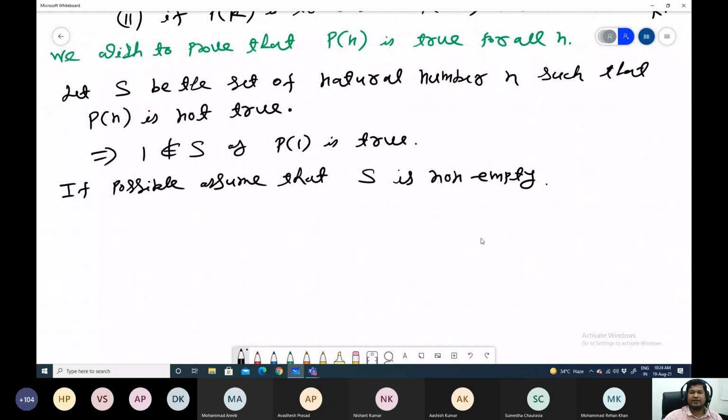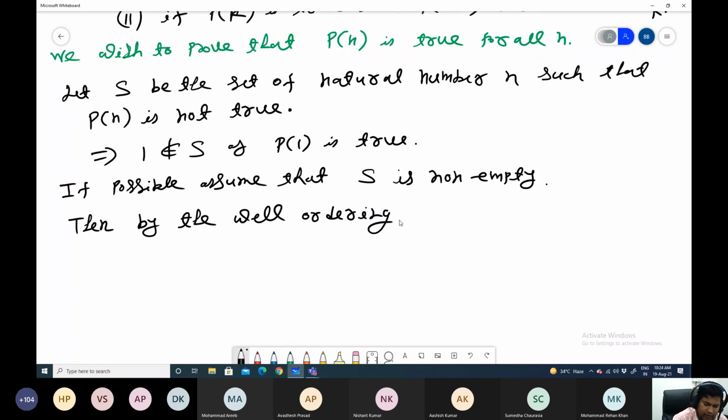Now we assume that S is non-empty, and then by the well-ordering principle, S has a least element.